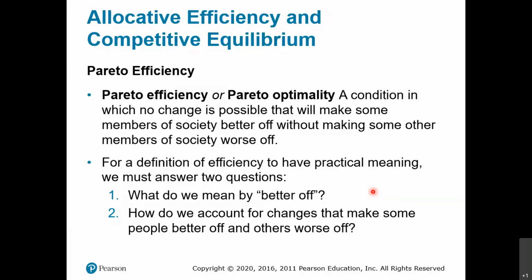Well, let me tell you a story. We knew when the NAFTA accords were coming through the Congress in the 90s, economists knew that there would be losers, right?